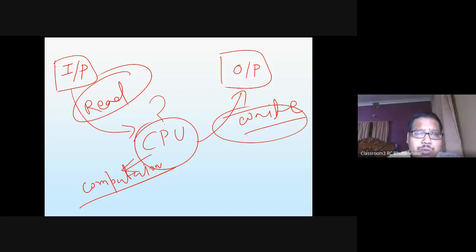Now if you want to maintain that, then the complete architecture needs to change. So what may be the change? In the architecture we follow a change. Here we have input, here we have output, but the input and output are not connected to the CPU.